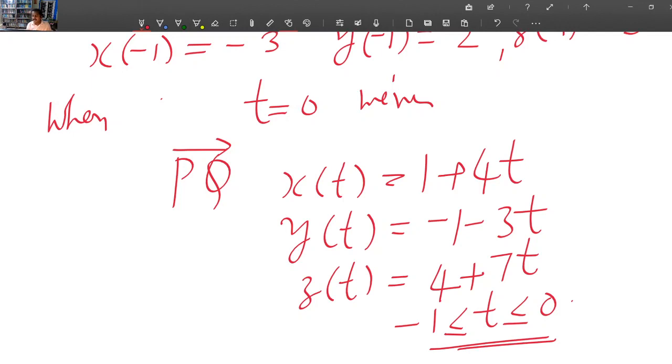This is the parameterization of the segment PQ, not the vector, the segment PQ.